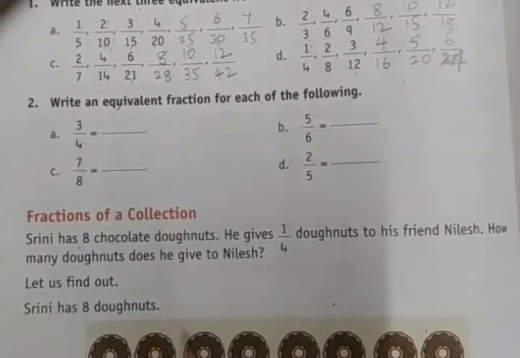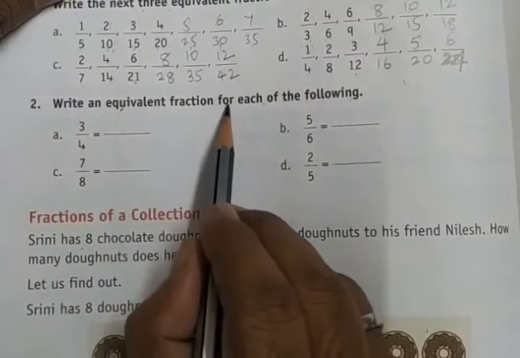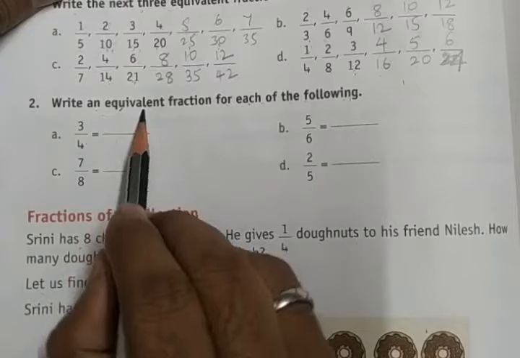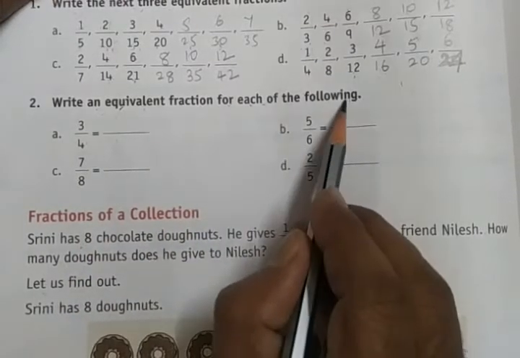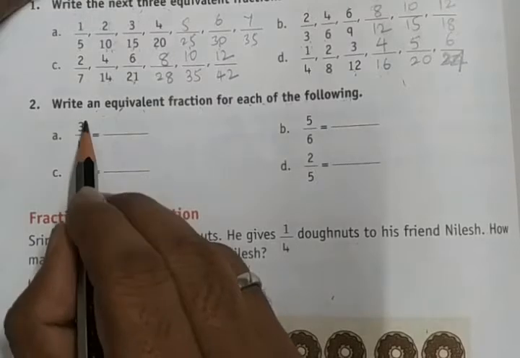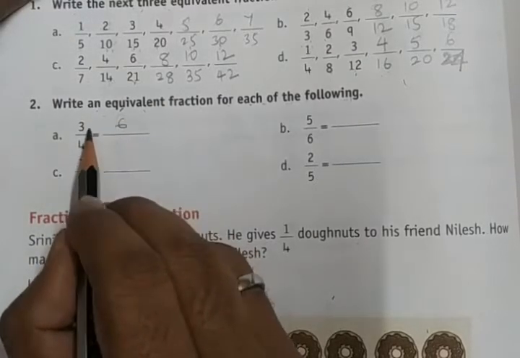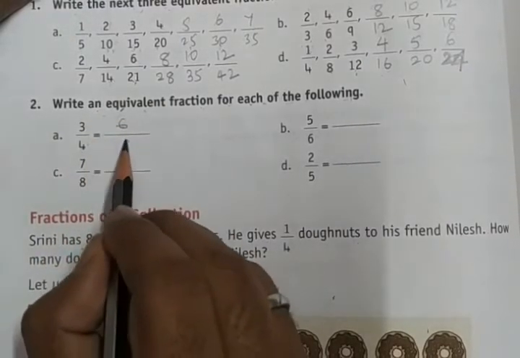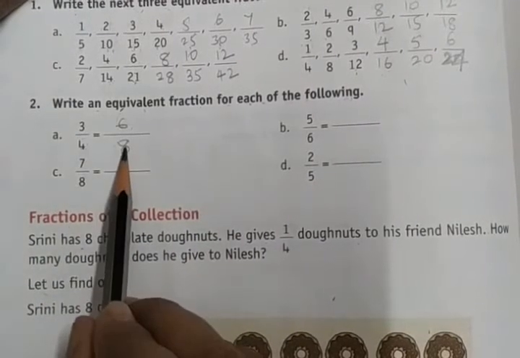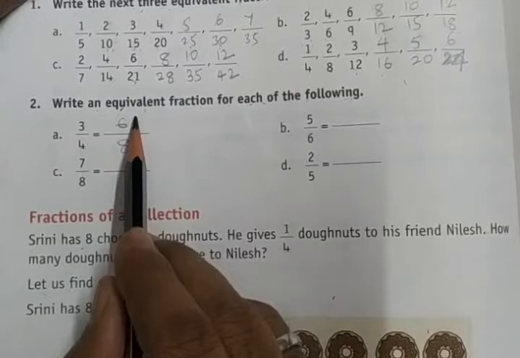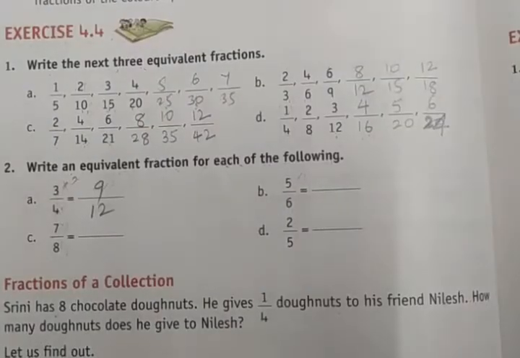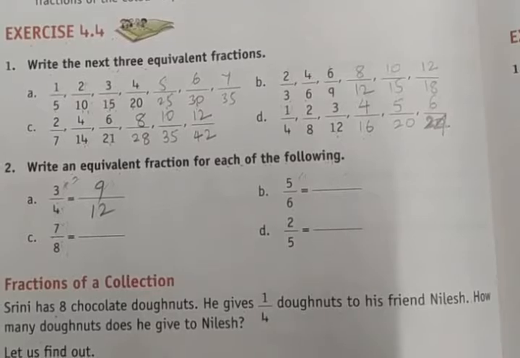Next: write an equivalent fraction for each of the following. So the equivalent fraction is, this is 2 so 6, and this is 8, okay, this is 6 by 8.